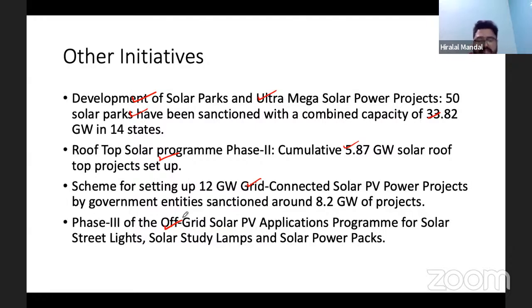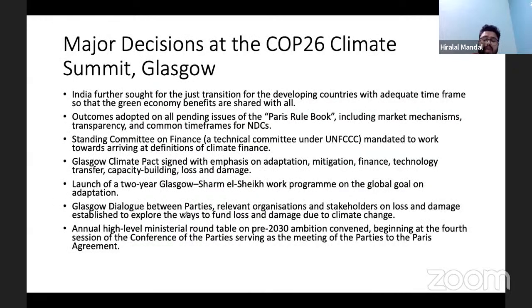So these are the various programs that the government of India has launched in order to promote renewable energy in the country and ensure a fight against climate change.